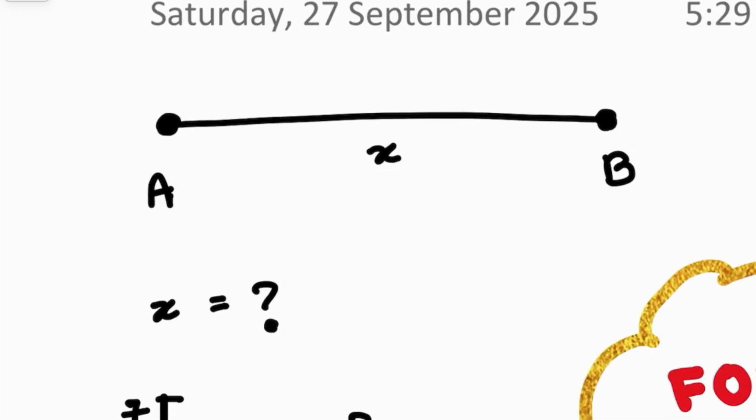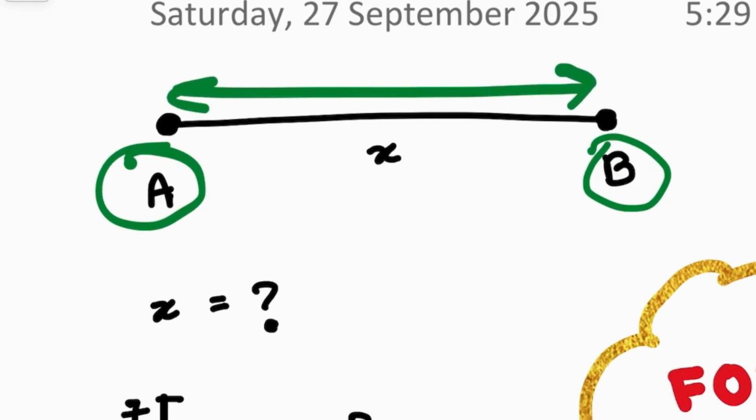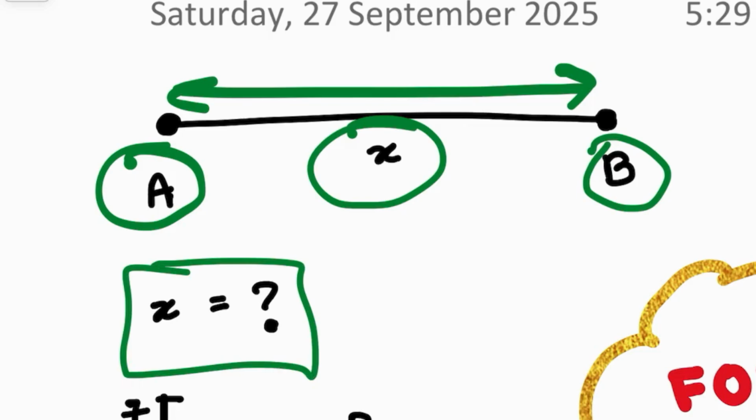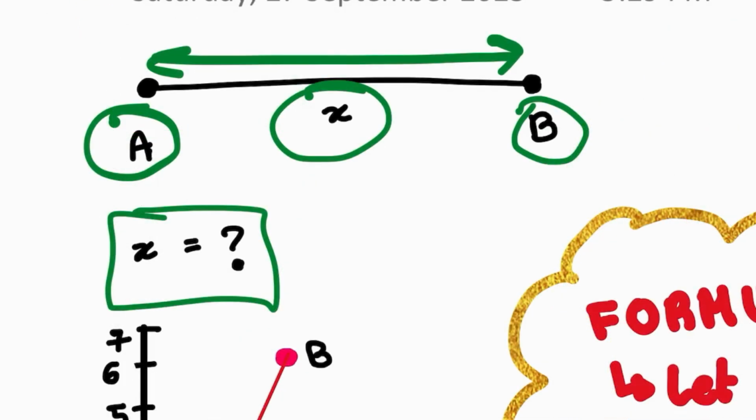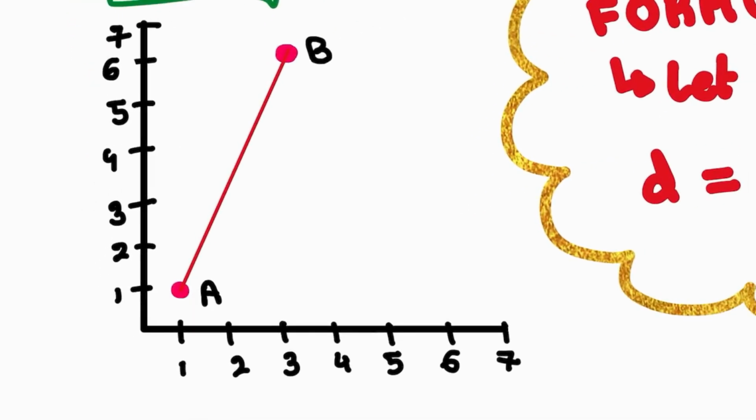To start with, let's look at really what we're trying to do here. So imagine you've got 2 points, A and B, and you're trying to find the distance, how far apart they are, and let's call it x for now. So we're just trying to find the value of x. Alright, so if you look over here, we've got a little Cartesian plane.